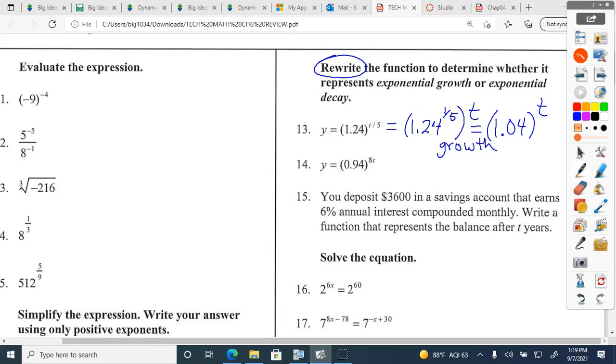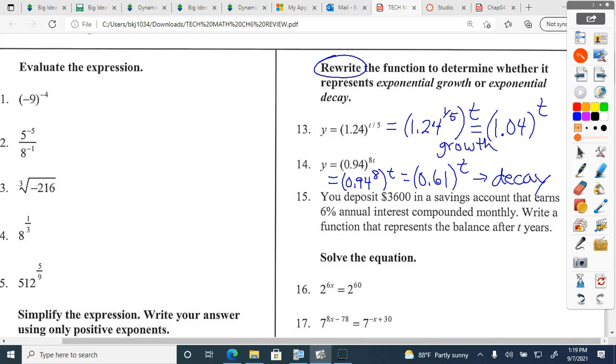Everybody with me? What about 14? How are we going to rewrite this one? 0.94 to the 8th power to the t power. So what is 0.94 to the 8th power? 0.61. 0.61 to the t, and that is decay.